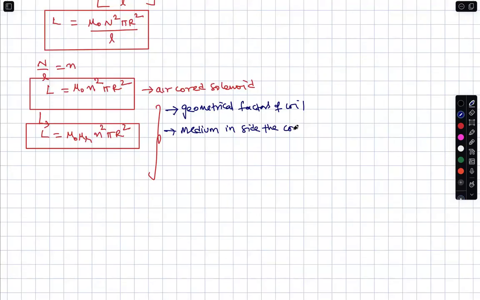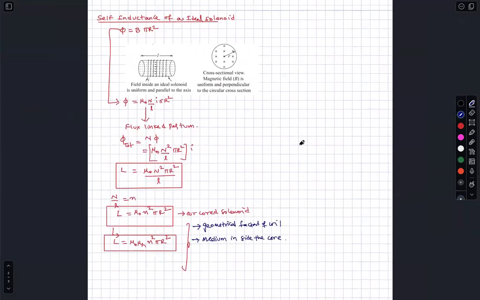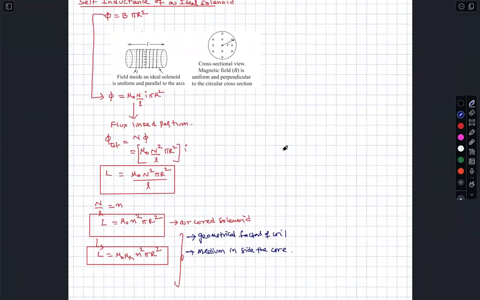Two factors, mu r and this factor. So any student having a doubt on this part of the derivation, please ask me. Any student in this class, if you have any doubt, please ask me. Any doubt?